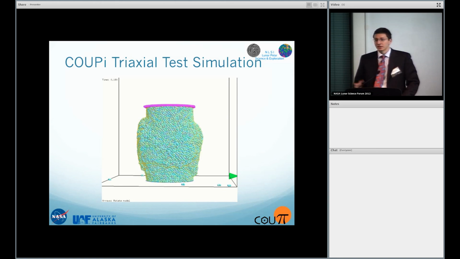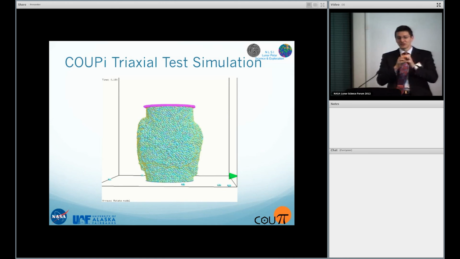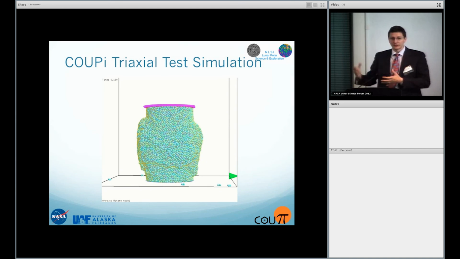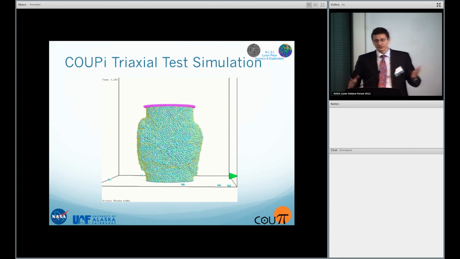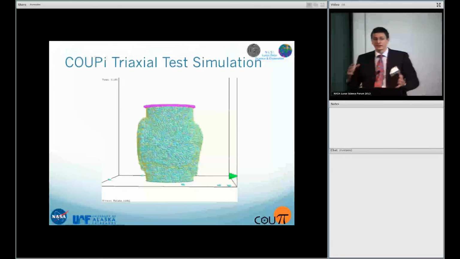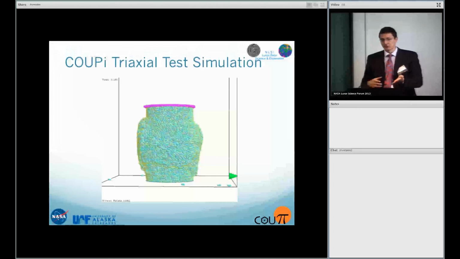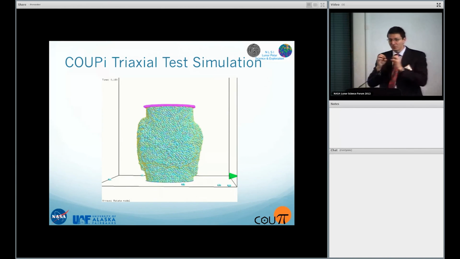They used big spheres and did a cyclic loading Triaxial test and compared it with DEM analysis. And this current model, COUPi, is to some extent a successor of a model that was used for that test. So of course, that's a good calibration when you can take exact big particles with exact shapes like spheres.